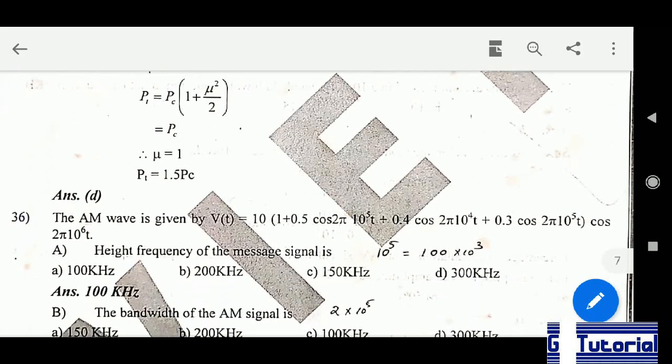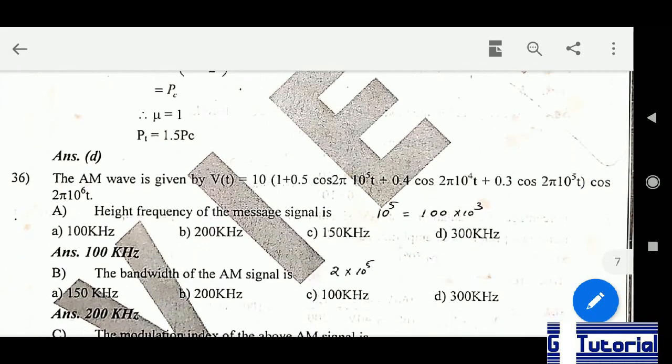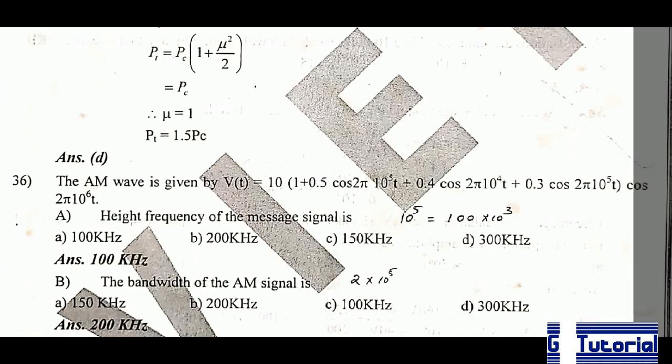Next question. The AM wave is given by V of t is equal to 10 into this cos 2 pi FCT. Then the highest frequency of the message signal is, this is actually a multi-tone modulated signal.